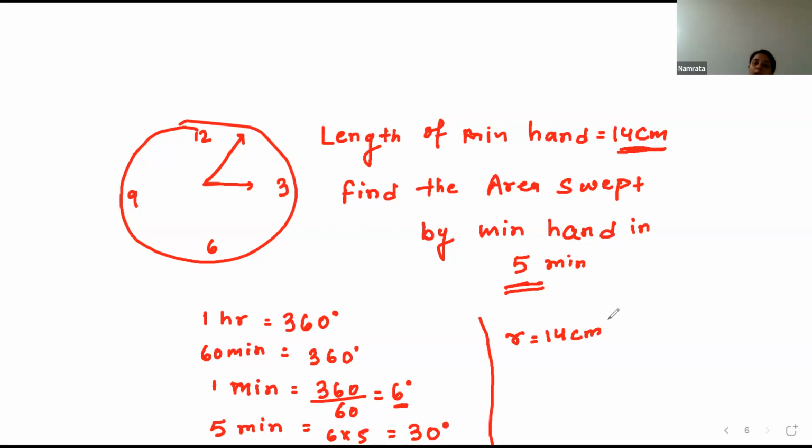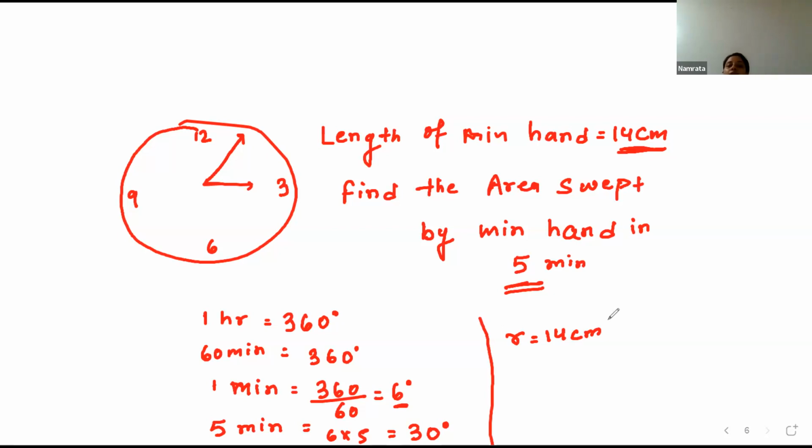Now area covered by this minute hand, that means area of the sector. Where we know the angle, where we know the radius, we just have to find the area of the sector. Will you be able to find the area of the sector? Yes, ma'am. Theta by 360 into pi r square. R we know 14, theta we know 30 degree. We just have to proceed from here.